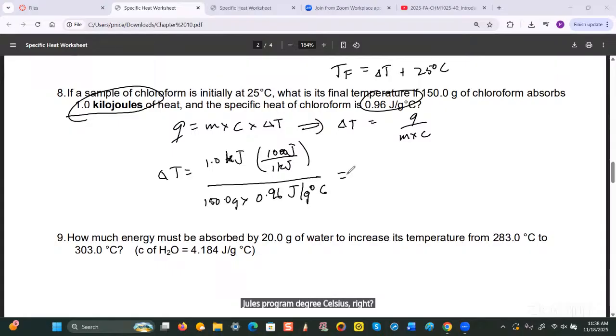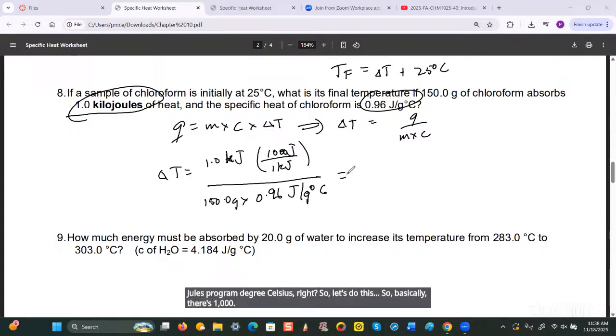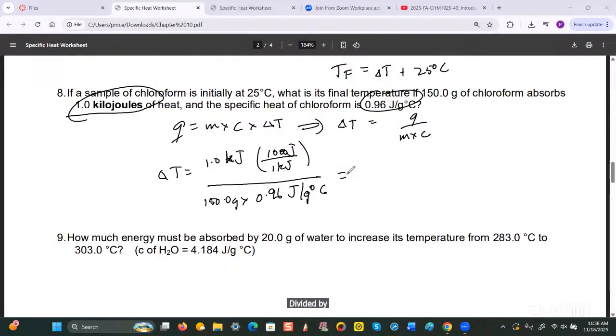So let's do this calculation. So basically that's 1,000 divided by 150 times 0.96. And according to my calculation, this works out, to 2 sig figs, to 6.9 degrees Celsius, right?